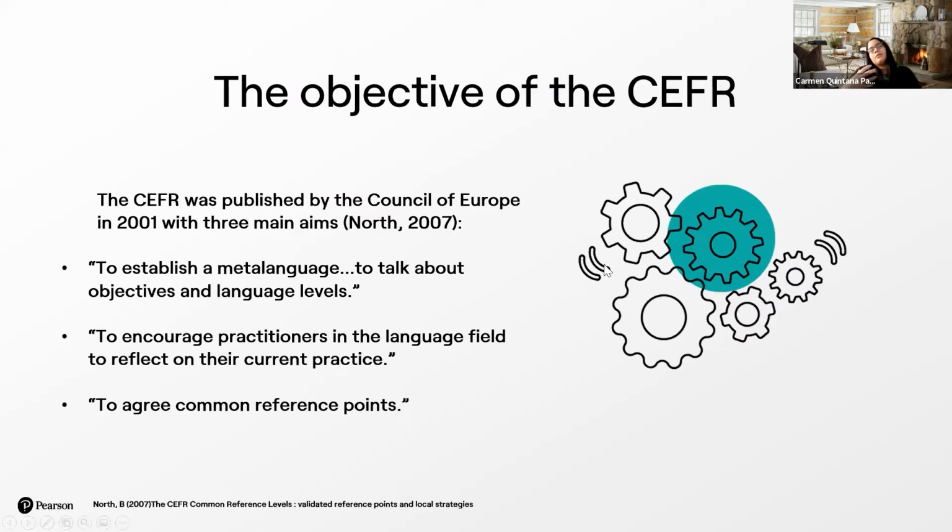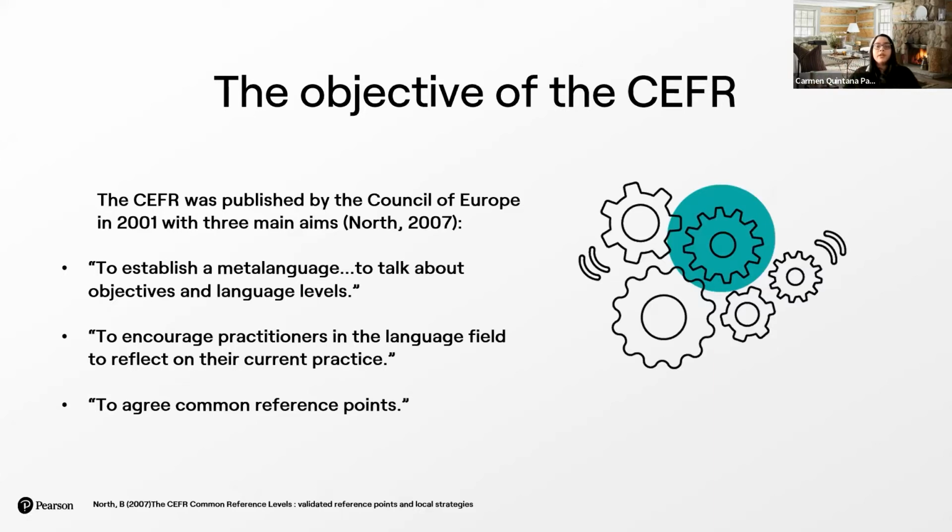The prime objectives of the CEFR, when it was initially published, was to establish a meta language to talk about objectives and language levels. And it very much accomplished that. Across the world, the CEFR is a standard of reference for the different levels of proficiency. This was also intended to encourage practitioners to reflect on their current practice and how they could help progress their learners through the different stages.